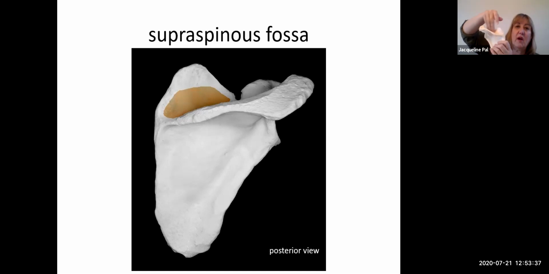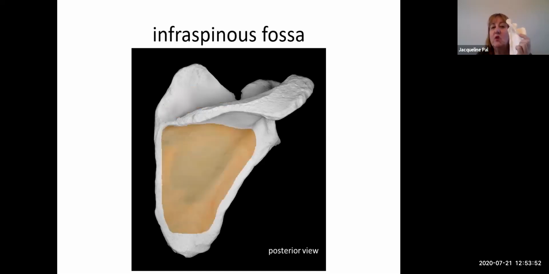So this area right here in the supraspinous fossa, there is going to be one of your rotator cuff muscles. And then we also have another shallow depression below the spine, and so that's going to be called the infraspinous fossa. So those words make sense.